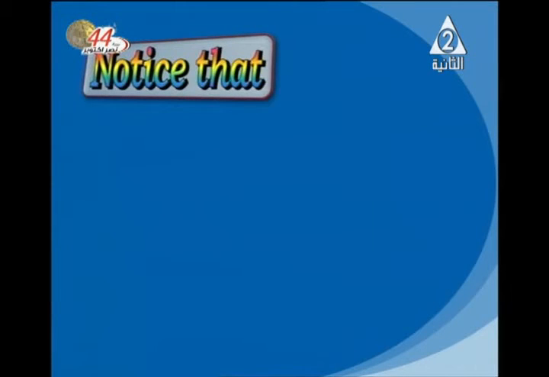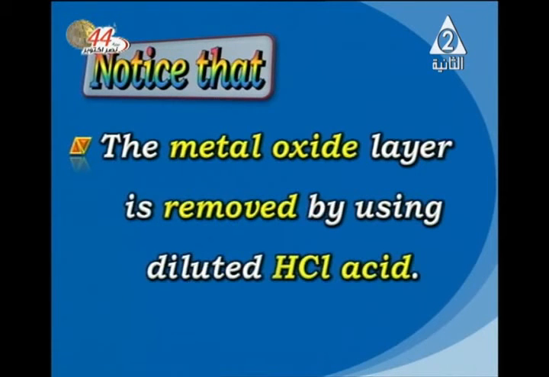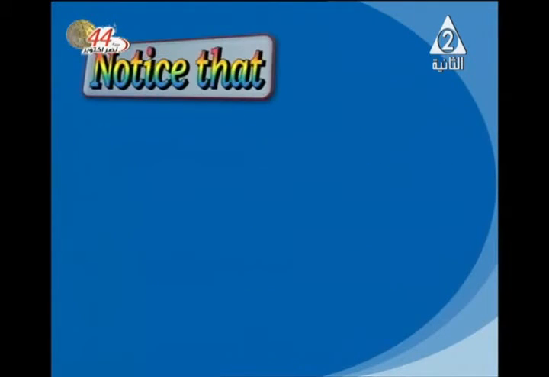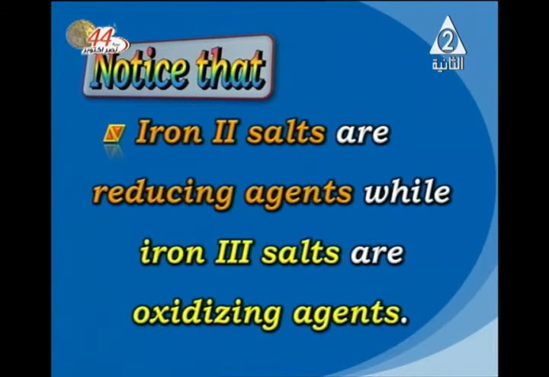My dear student, notice that the metal oxide layer is removed by using dilute hydrochloric acid. Also, notice that iron 2 salts are reducing agents, while iron 3 salts are oxidizing agents.